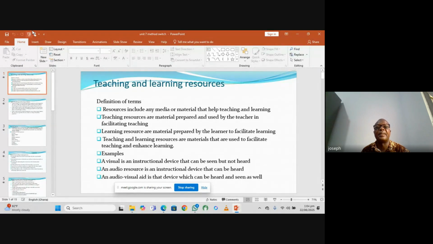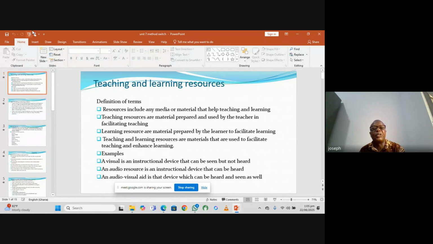Teaching and learning resources are materials that are used to facilitate teaching and learning and enhance learning. For example, the visual is an instructional device that can be seen but not heard. We have so many examples of the visual: the mandala card drawing, the chalkboard drawing, the still pictures and whatever.